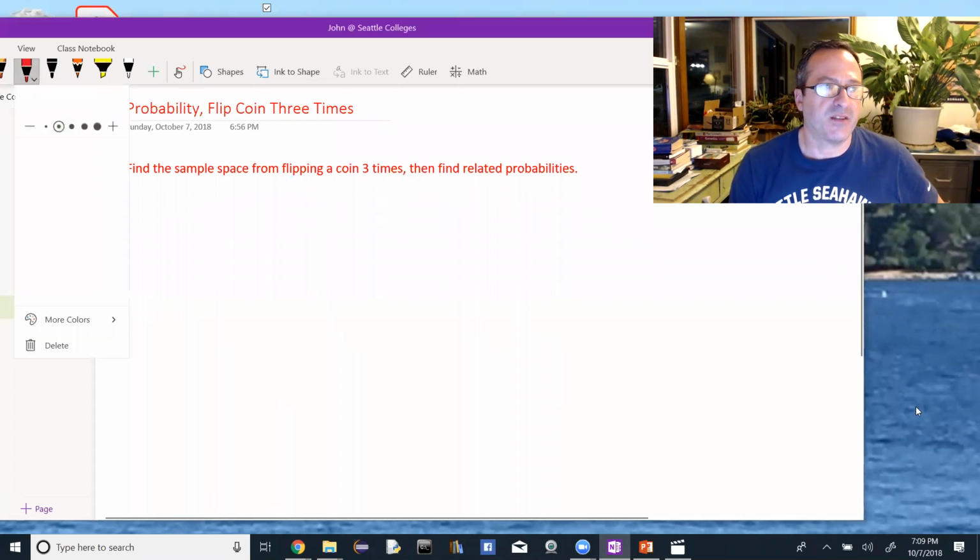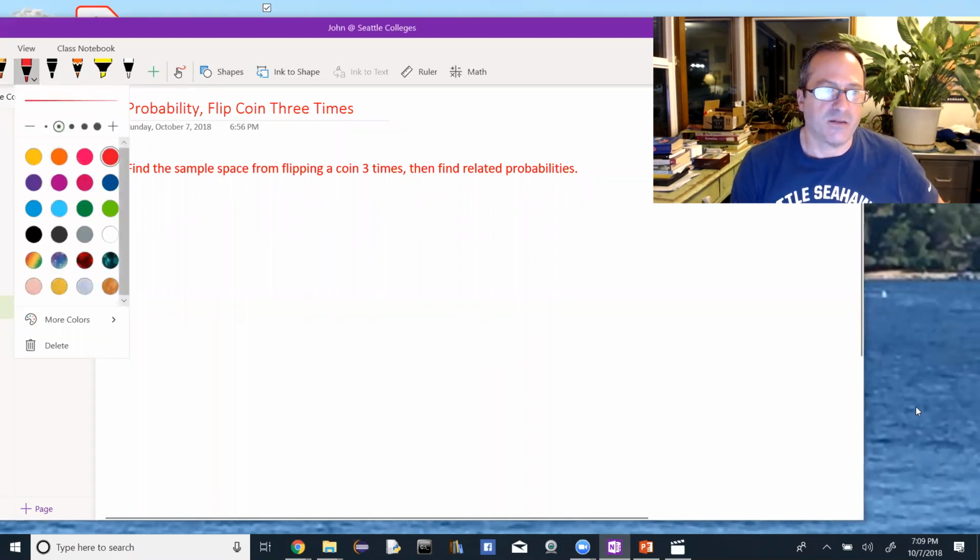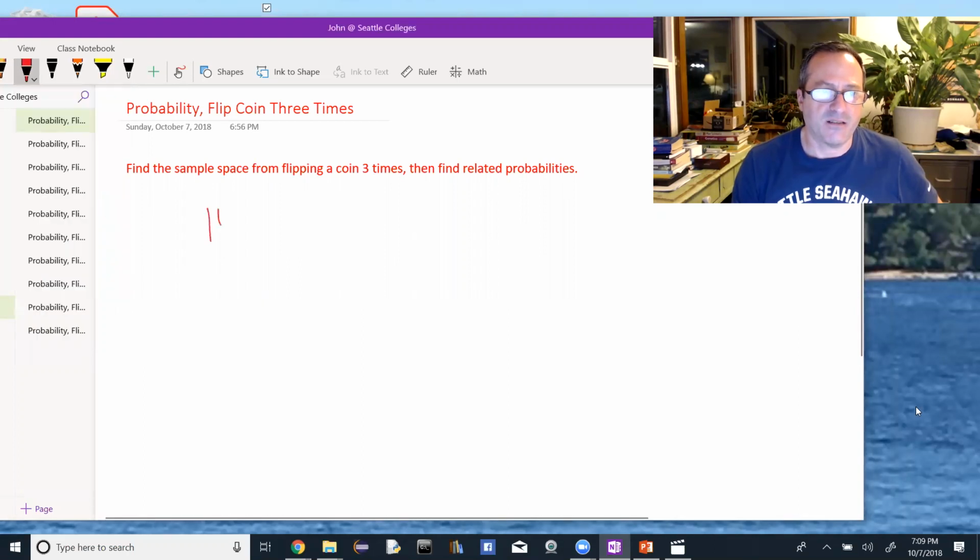So to draw this sample space, what I want to think about is, okay, I'm either going to have a heads first or a tails first. If I have a heads first, draw a line here, then for the second roll, I'm either going to have heads or tails. So for this heads first, I'm going to do it twice.